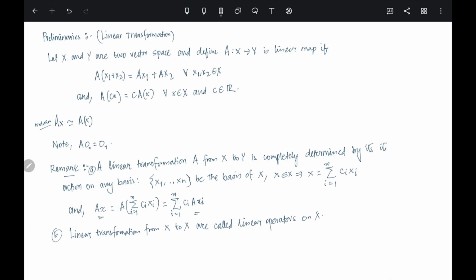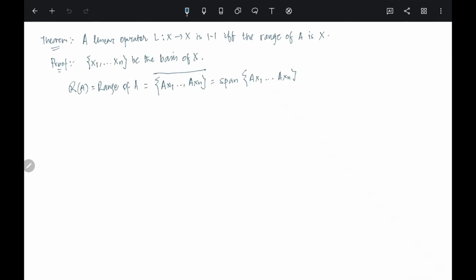So basically, if you start with an element of the range of A, which is Ax, then you can write it as a linear combination of the Axi's. Now you can easily see that R of A is x if and only if the set A of x1, A of x2, ..., A of xn is independent.